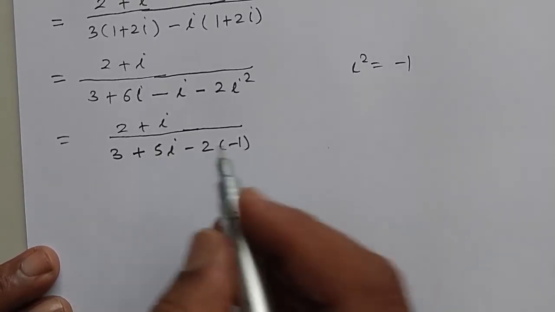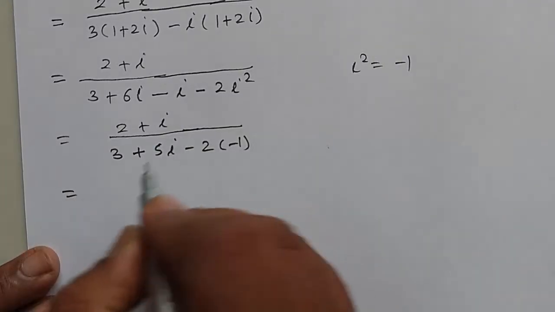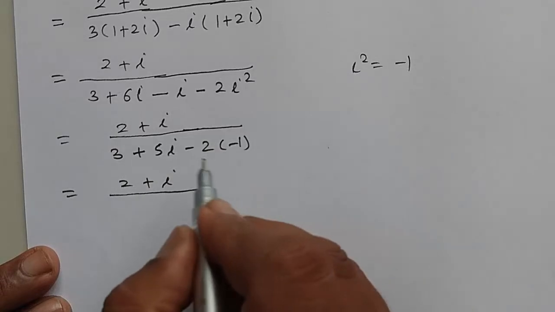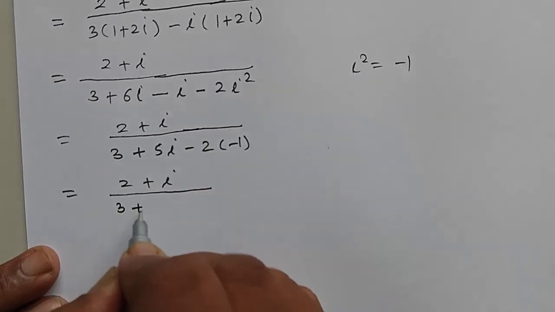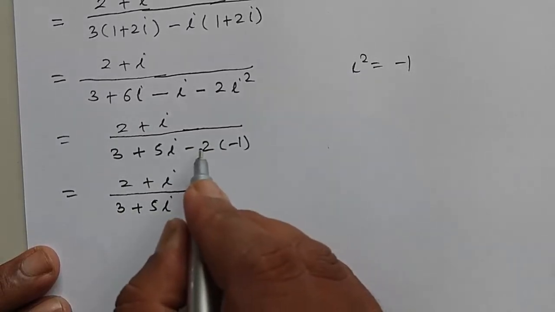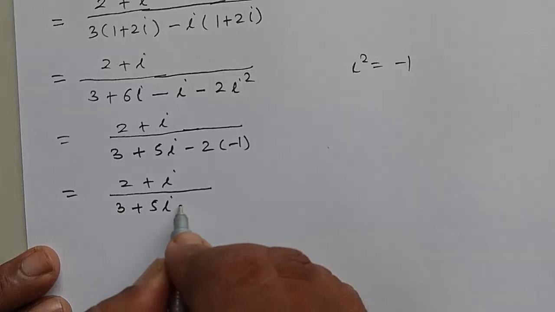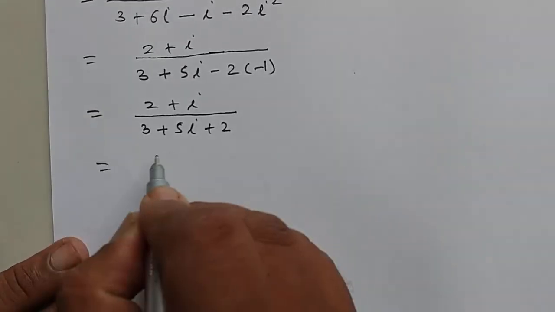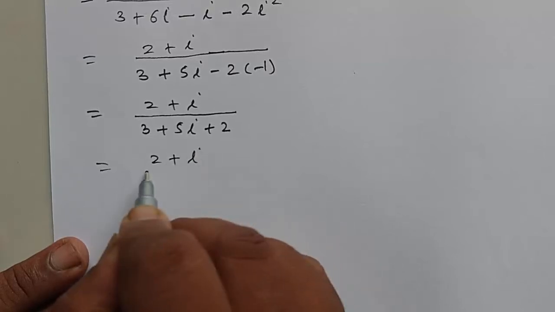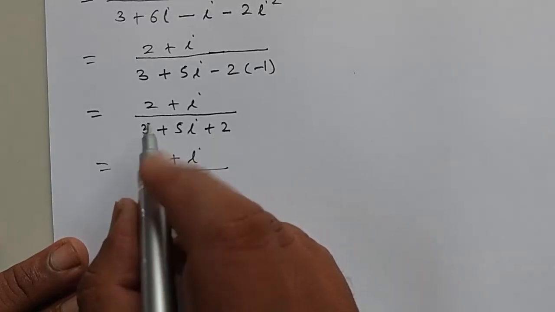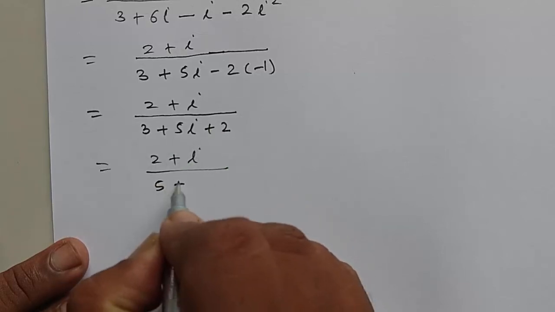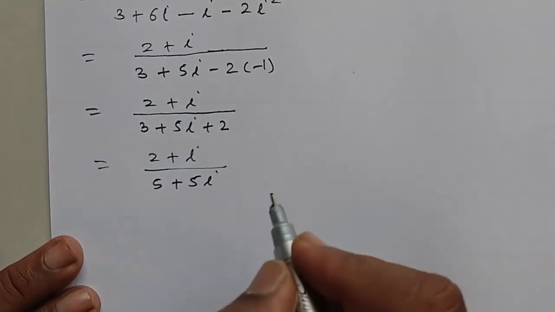Putting the value of i square as minus 1, this is equal to 2 plus i upon 3 plus 5i minus 2 into minus 1, that is plus 2, is equal to 2 plus i upon, we add real with real, 3 plus 2, that is 5 plus 5i.